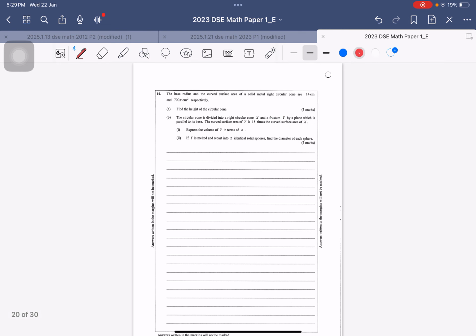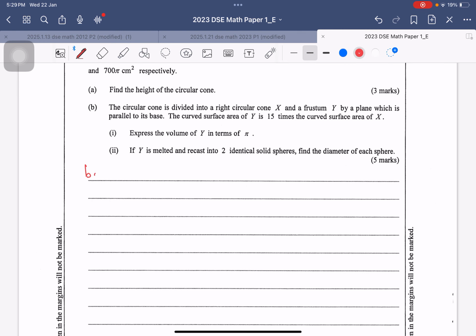And now we can try to do part B2. So we have the volume of Y is equal to 3087 pi cm cubed. For part B2, we have Y melted and recast into two identical solid spheres, and we need to find out the diameter. So you remember that the volume of the sphere is equal to 4 over 3 pi r cubed.